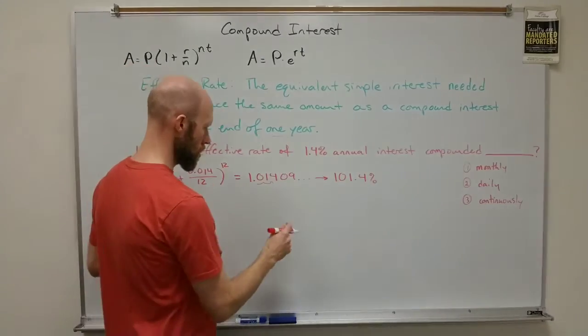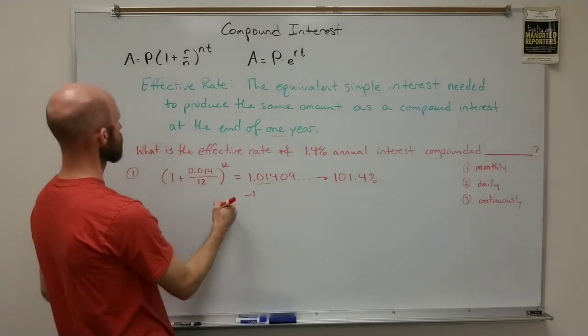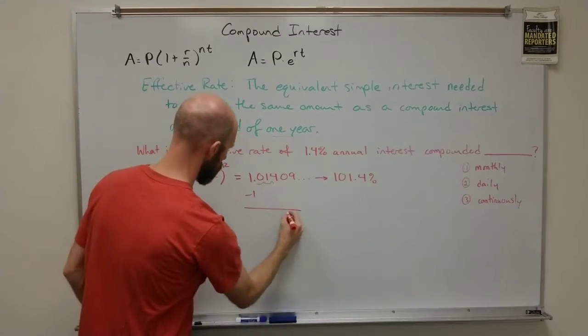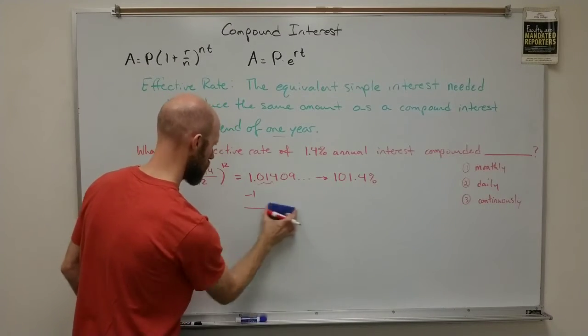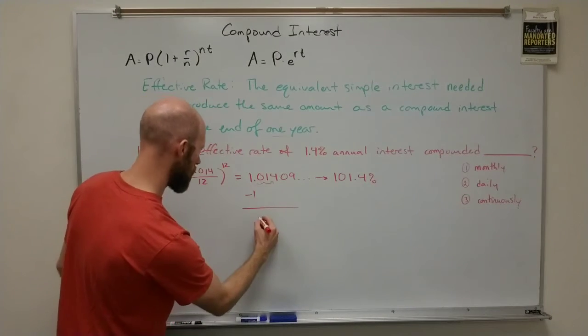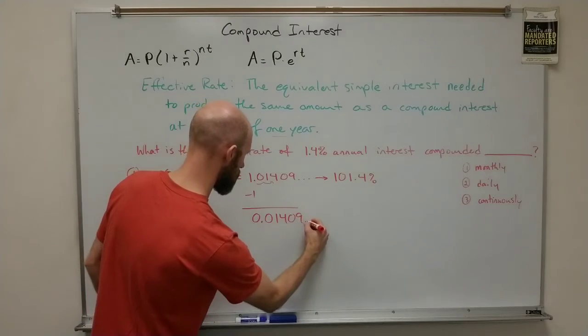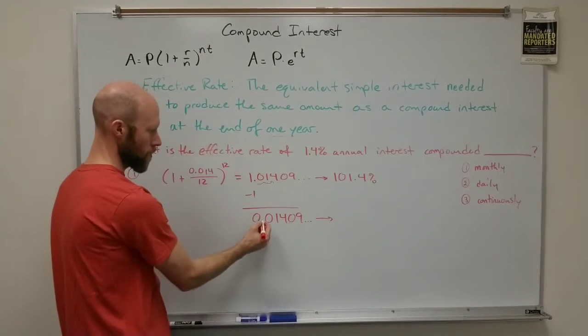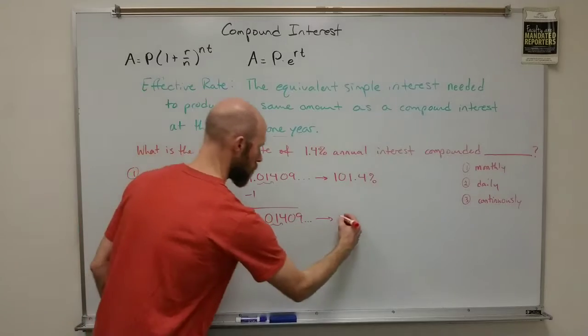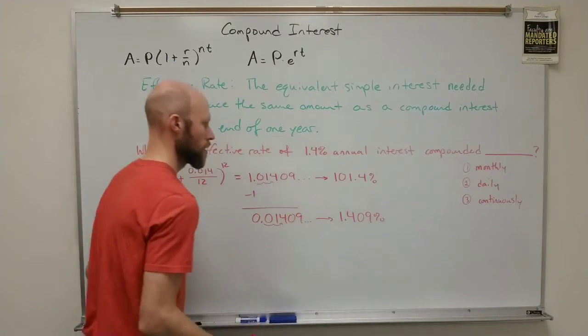And so if we subtract the 1, which is the original 100% of the principal, then what we get is 0.01409, which, if I move my decimal over, is 1.409%.